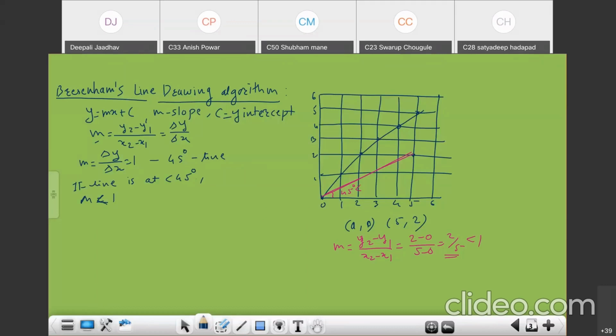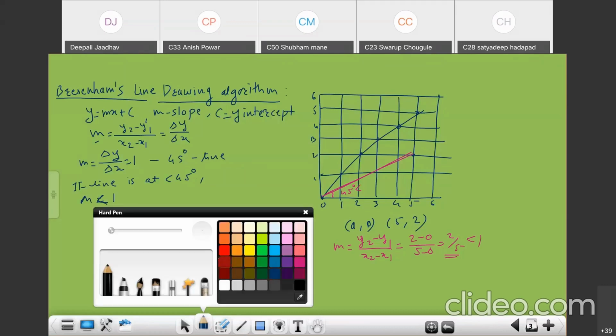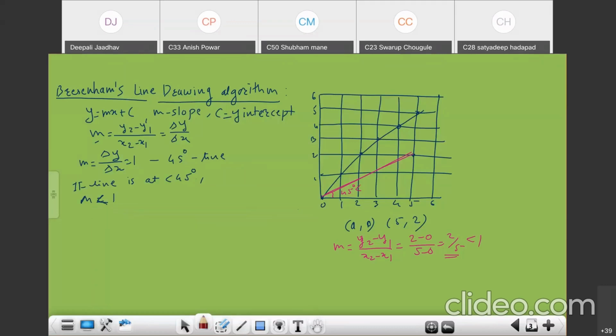Now I consider another example, from (1, 1) to (2, 5). Calculate the slope here. m is equal to (y2 - y1) / (x2 - x1).